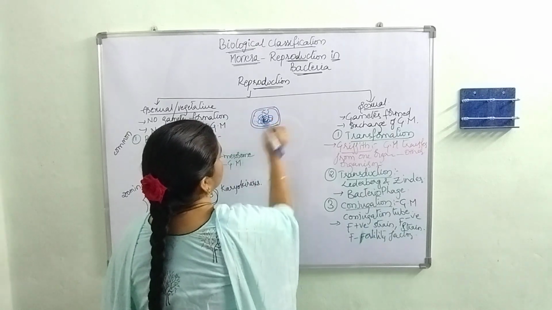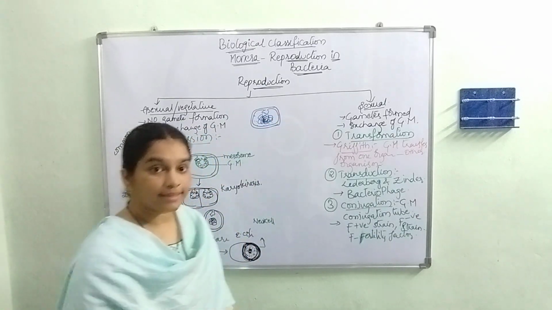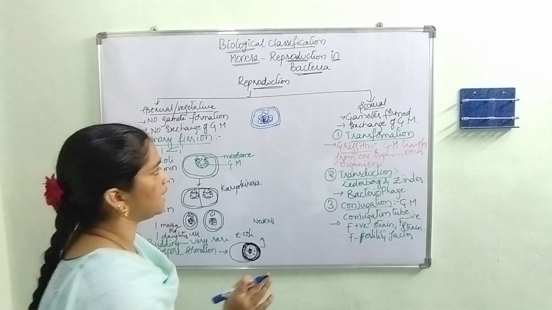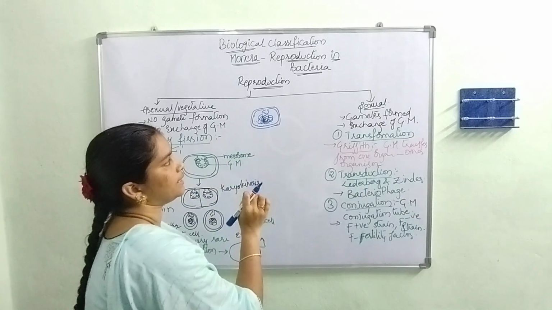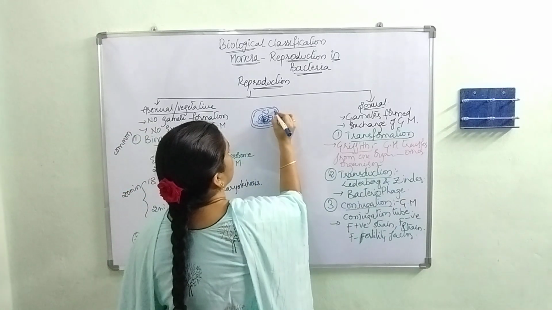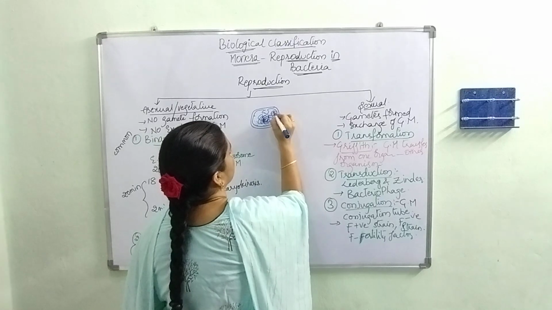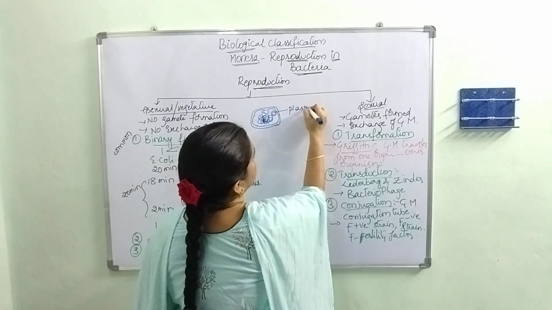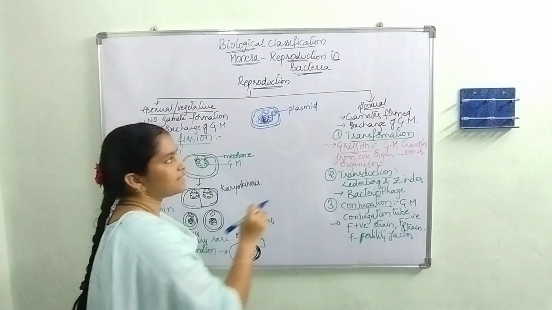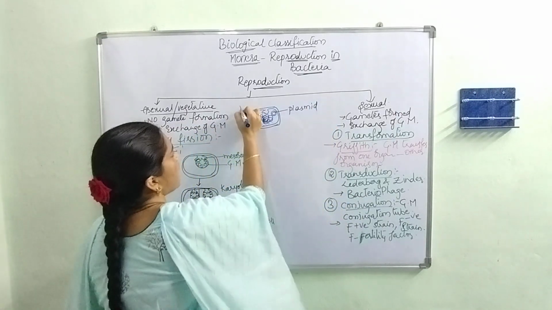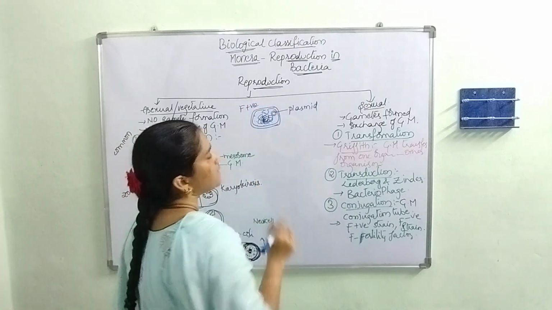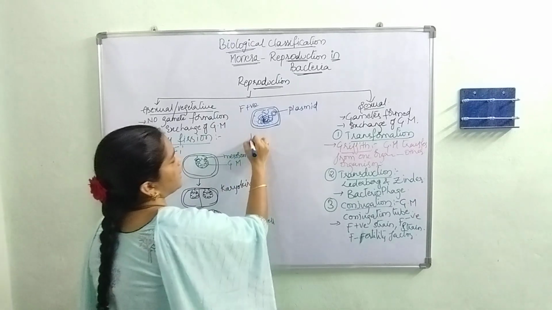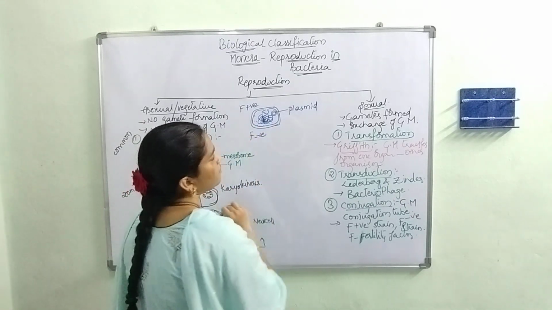There are ribosomes and an extra element present in the bacterial cell, the extrachromosomal DNA, which is also called plasmid. The cells which contain this plasmid are called F positive cells, and the cells which lack this plasmid are called F negative cells.